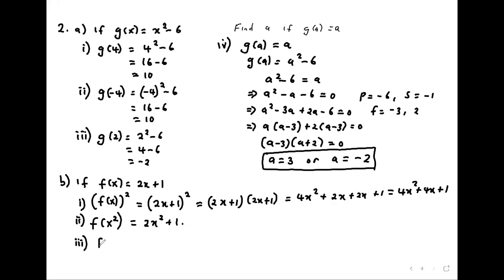The last piece, find f of f of x. Meaning, where there is x in f, take the whole f. So it will be 4x plus 2 plus 1, which will be 4x plus 3.